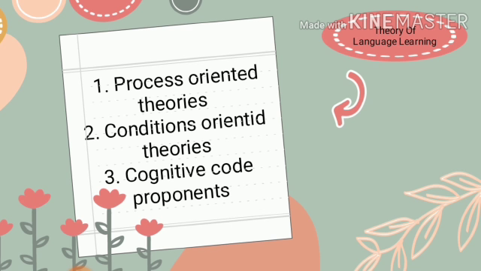The second, condition-oriented theories, emphasize the nature of the human and physical context in which language learning takes place. And the third, cognitive code proponents, have attempted to link a more sophisticated model of structuralism.